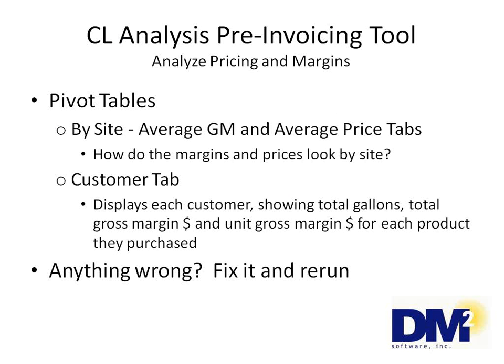There's another pivot table by site, shows the average gross margin and average price tabs. There's a customer tab that displays each customer, showing total gallons, total gross margin, and unit gross margin for each product. Is there anything wrong in this tool? Anything in this spreadsheet that looks bad, drill down on it, figure out what's wrong, fix it, and run it again.